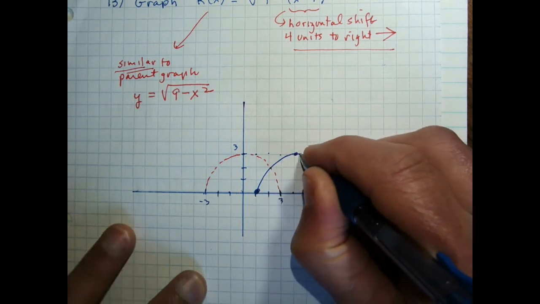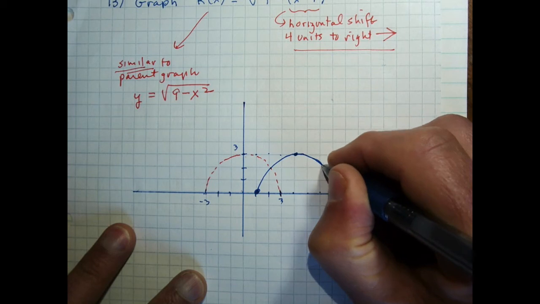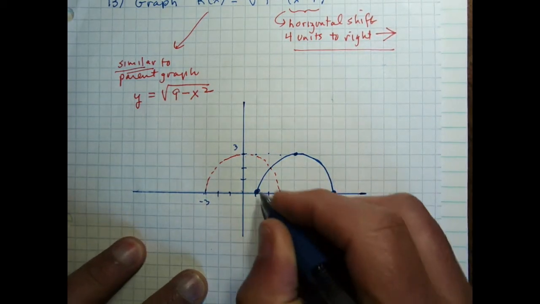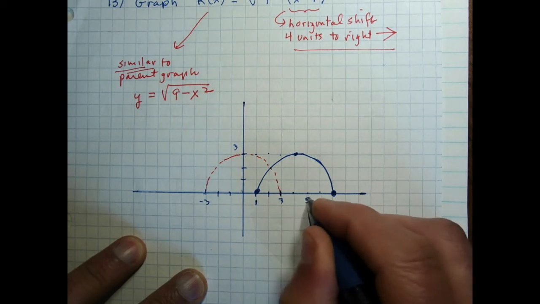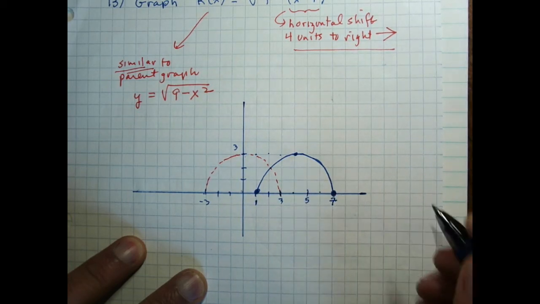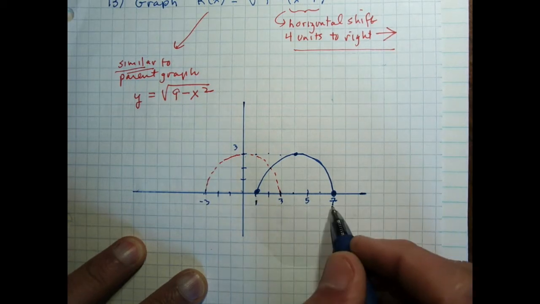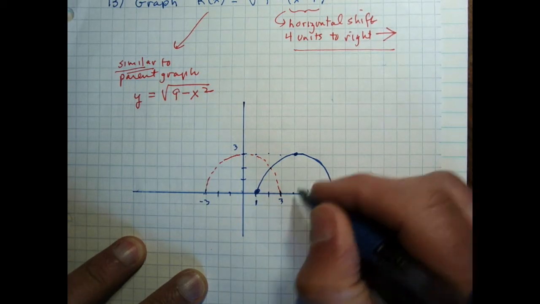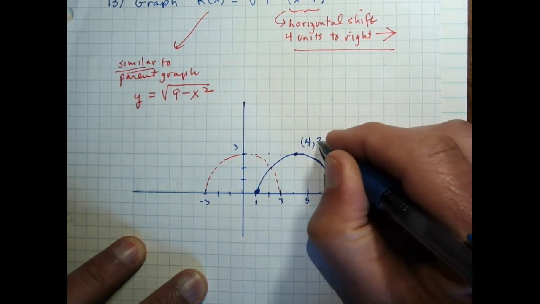And my graph of the function I want here is like so. This is at 1, 2, 3, 4, 5, 6, 7. And so I have x-intercepts at 1 and at 7. And then I believe this point is actually 4, 3.